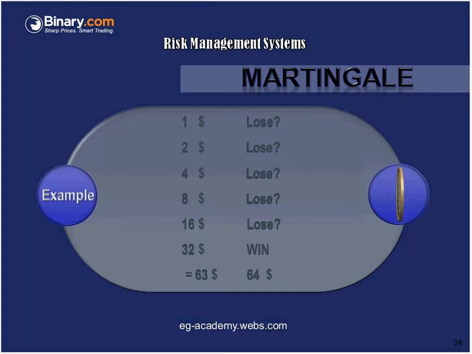For example, if you trade $1 and you win, you can trade another $1 in the next trade. But if you trade $1 and you lose, you should trade $2 on the next trade. If you lose again, you trade $4 and so on until you finally win. Then you return to your basic trade size, in this example $1.